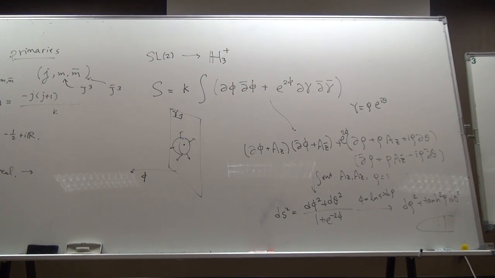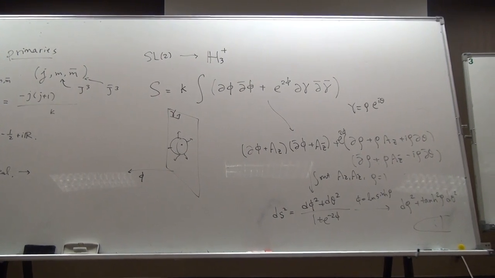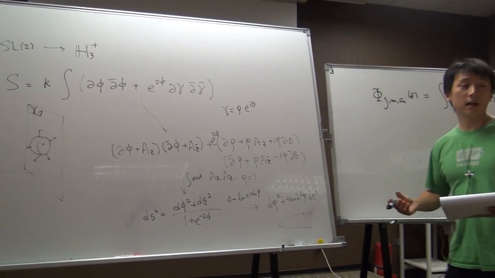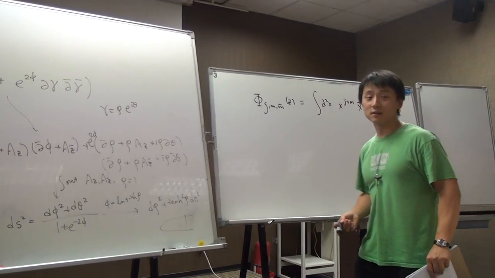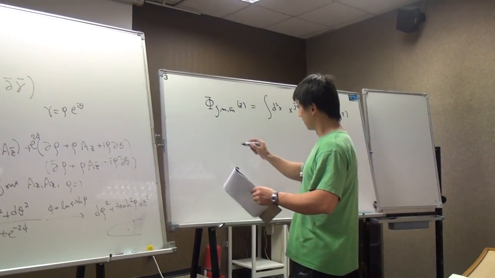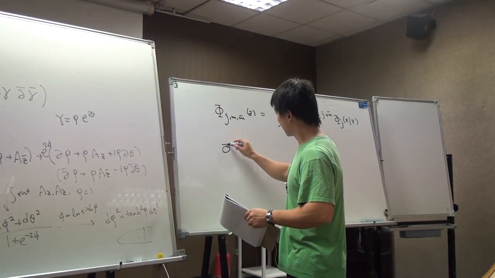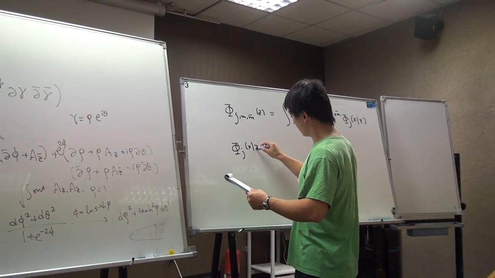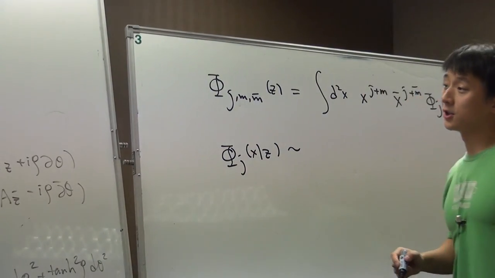And then this phi_j(x, z) has a nice interpretation. This is much like how you would write down an e to the ikx operator in the nonlinear sigma model.